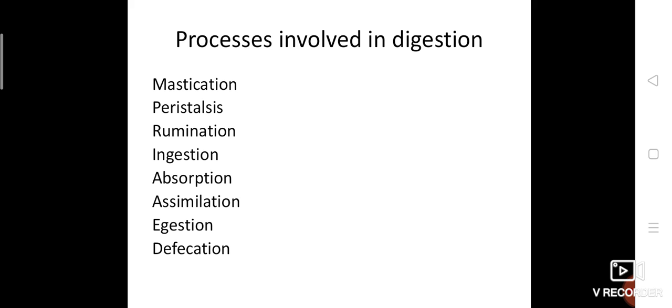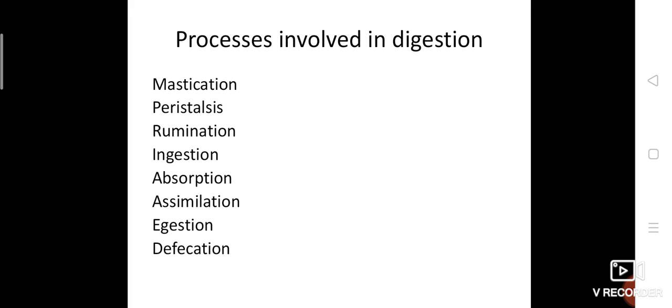So, those process names were given here. Okay, so mastication, peristalsis, rumination, ingestion, absorption, assimilation, egestion, defecation. So these are the processes taking place when we talk about the word digestion. So all these words are given in your notebook also.